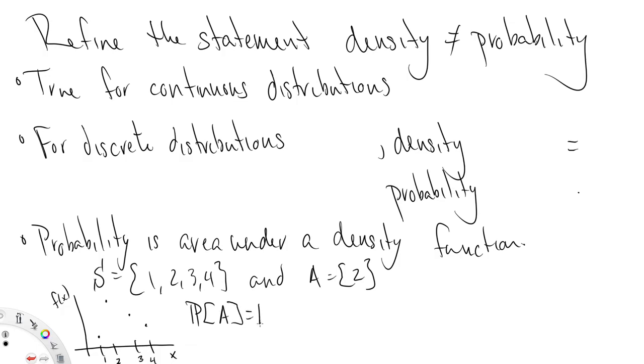Well, probabilities in general are expectations of indicator functions on the set over which the probability is to be calculated. For a discrete distribution such as this one, this expectation is the sum over all the x's in the sample space.